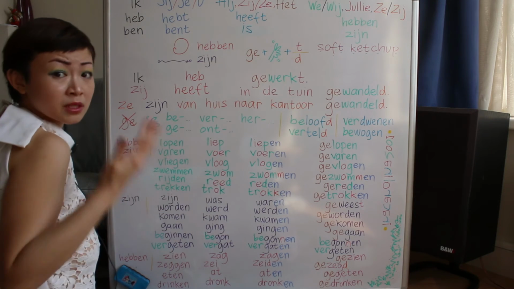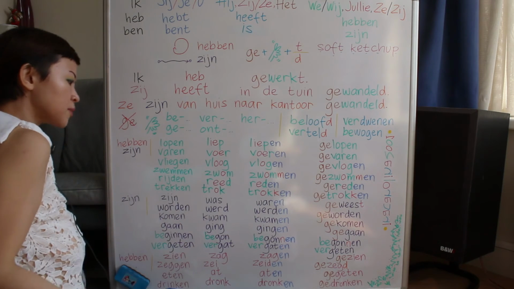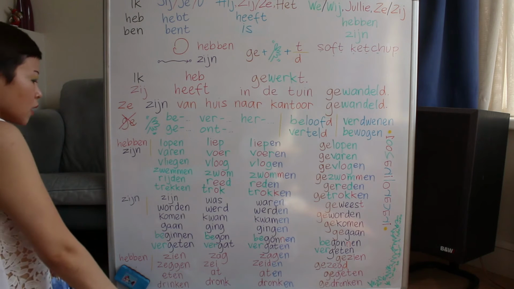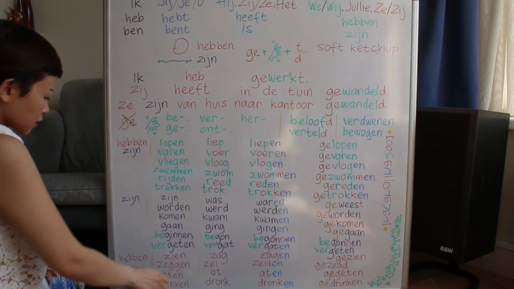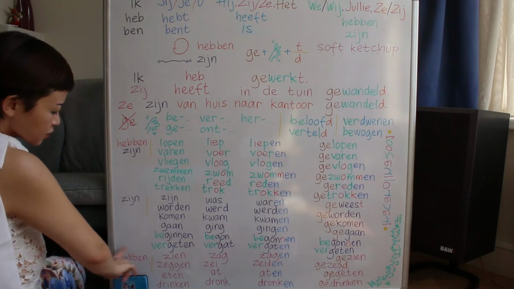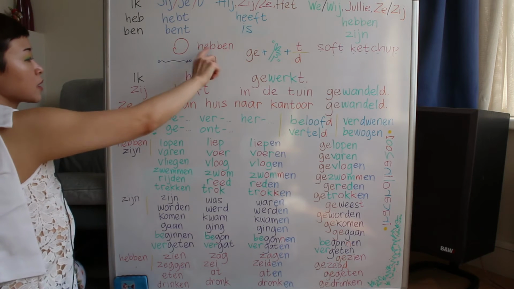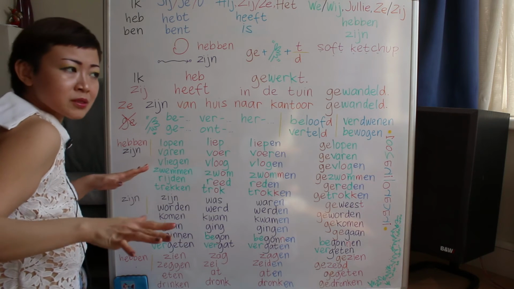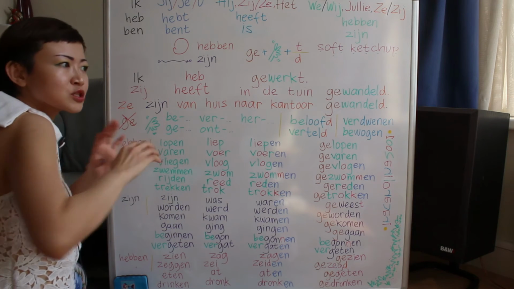And then this one. Zij heeft, in the town, in the garden, gewandeld, walk.